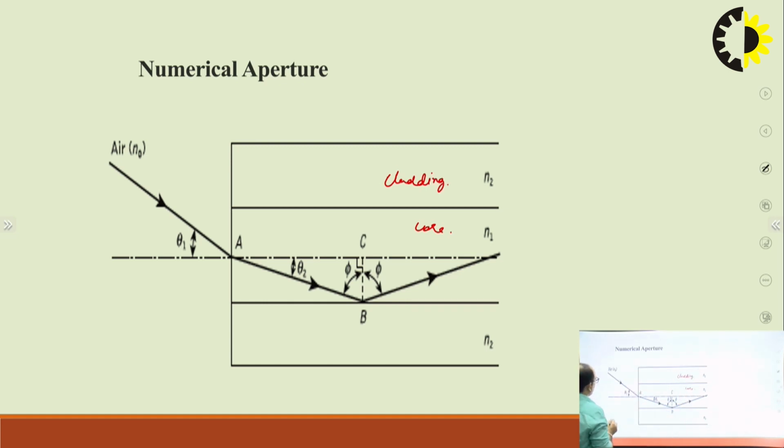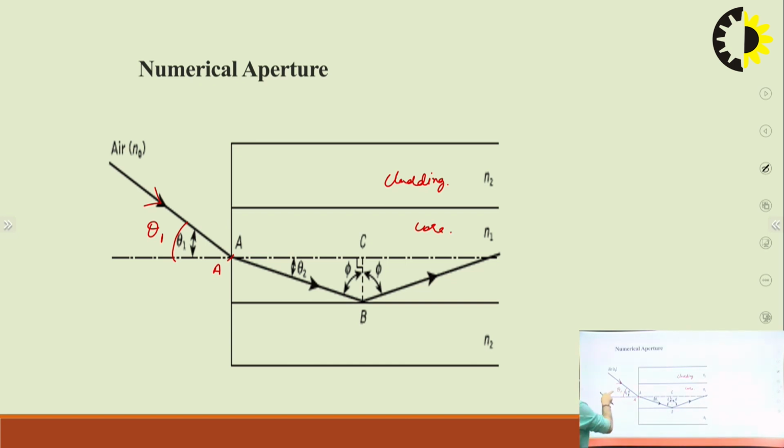Here if I say this ray enters the optical fiber cable at this point A, and theta 1 is the angle which the input ray makes with the forward axis.